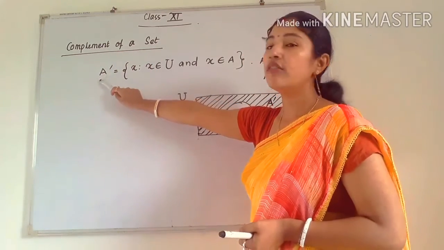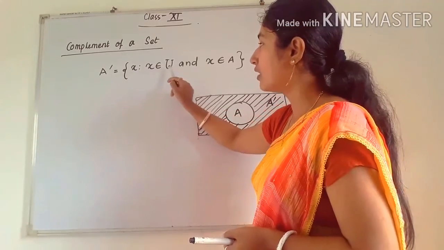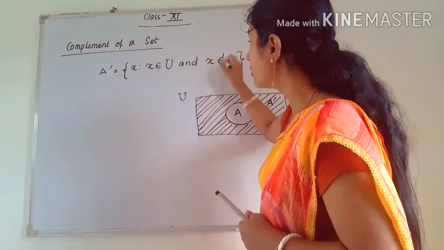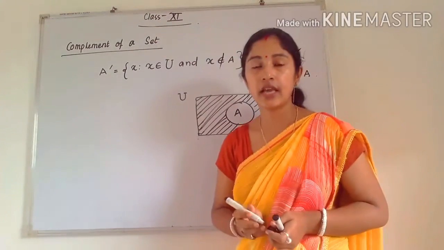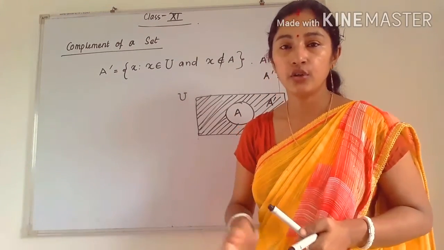Symbolically we write it as A dash, equal to the set of all x such that x belongs to U and x does not belong to A. That means x is an element which does not belong to A. It is present only in U.